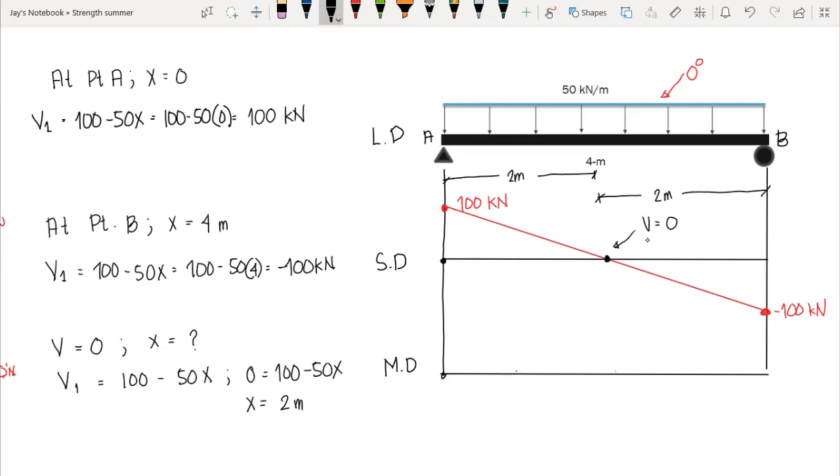Okay, so we have now this shear diagram. Let's try to plot our moment diagram. We have the moment at A, when our x is equal to 0.